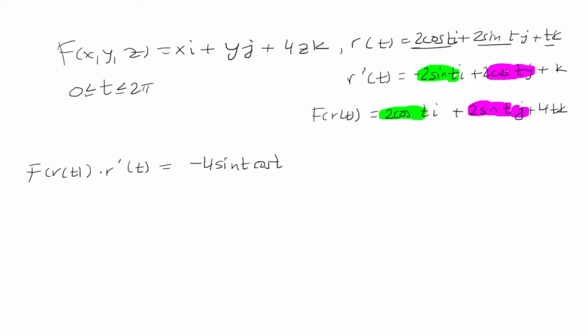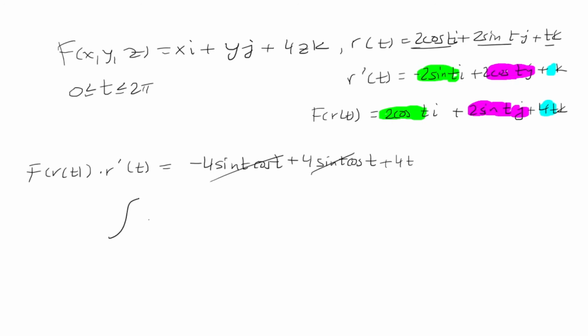So that's 4 sine t cosine t. And then finally we're going to multiply the k's. So here this is just 1k and this is 4t. So if you multiply that you get 4t. Good thing is 4 sine t cosine t gets canceled, and so we're left with 4t.